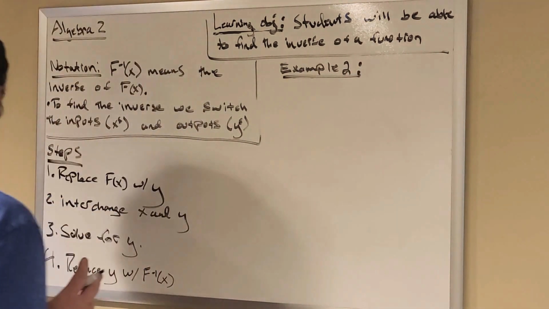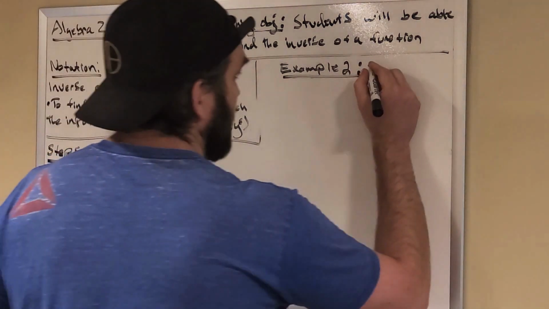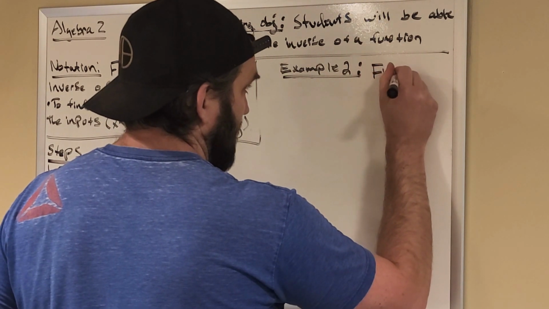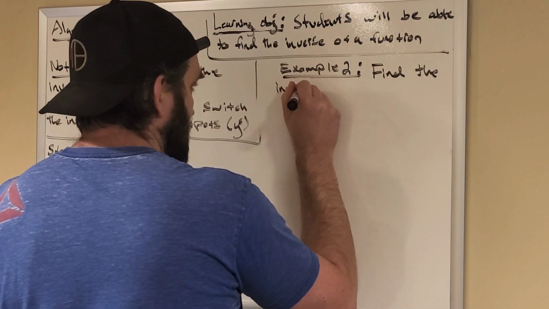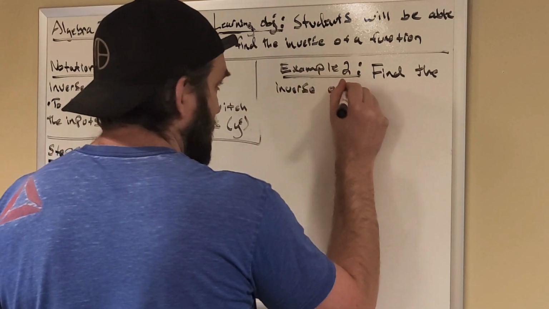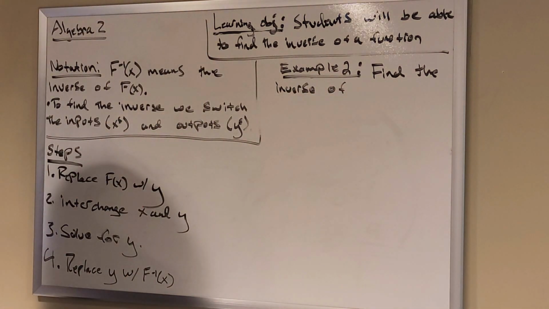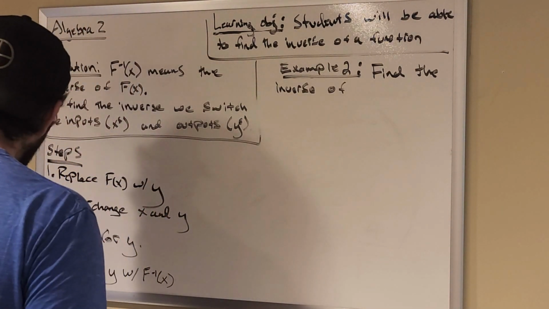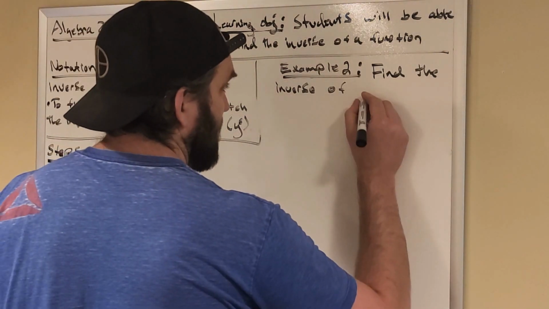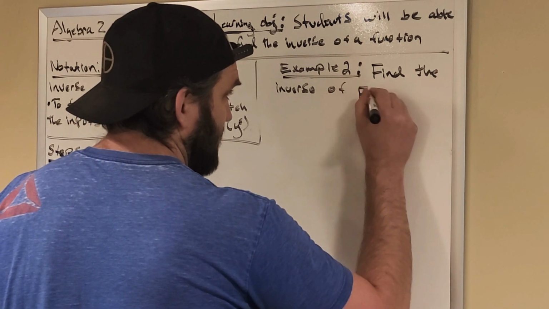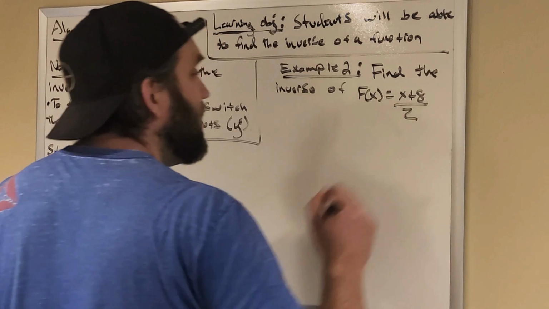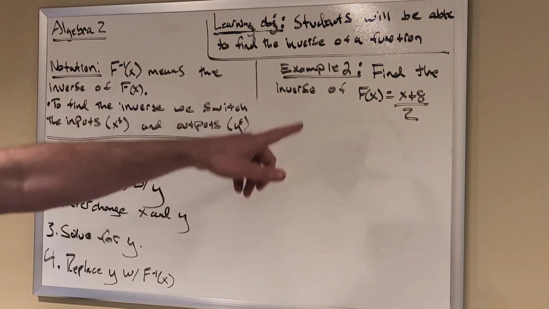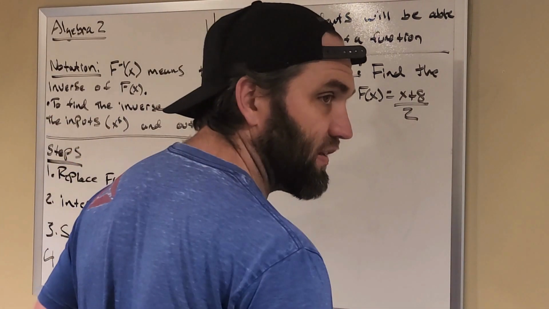All right, so example 2, we want to find the inverse of f of x equals x plus 8 over 2. All right, so there's my function. I want to find the inverse of this function.